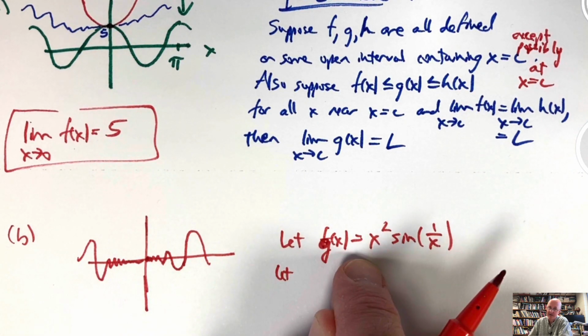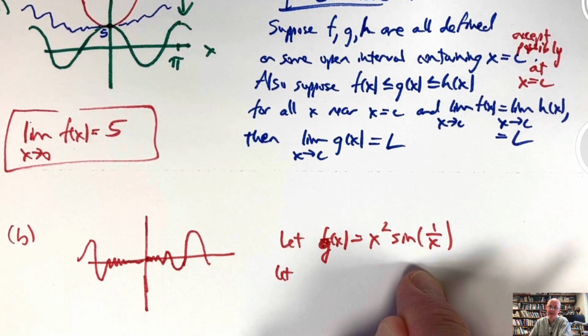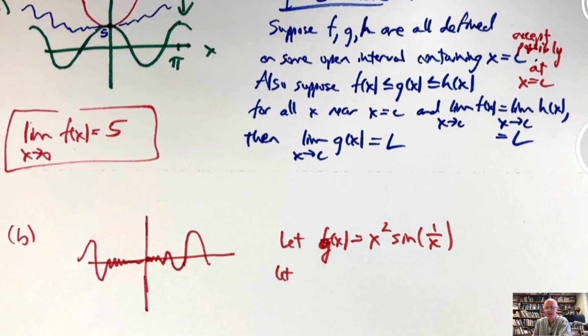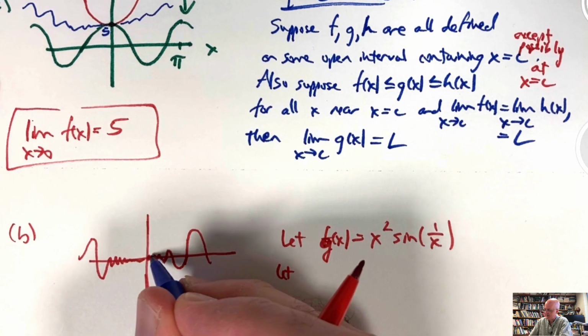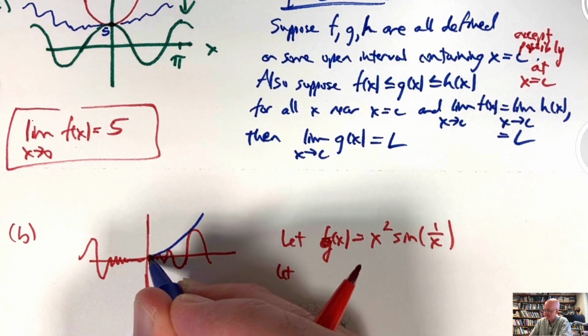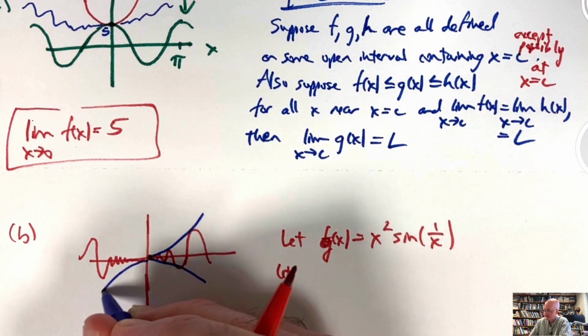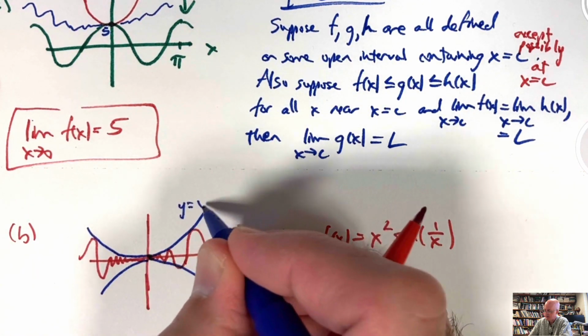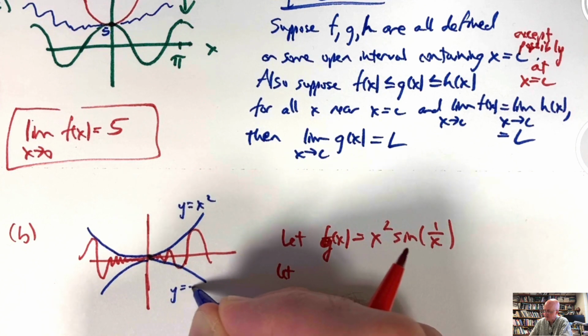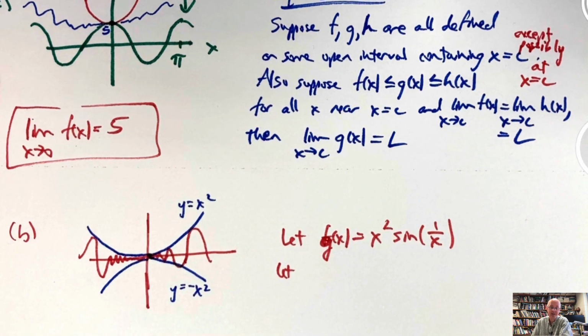Multiply that something by, in this case, x squared. The product has to be between plus or minus x squared. This graph here is going to be between the graphs of x squared and negative x squared. Y equals x squared and y equals negative x squared. Those are the two graphs that it has to be squeezed between.